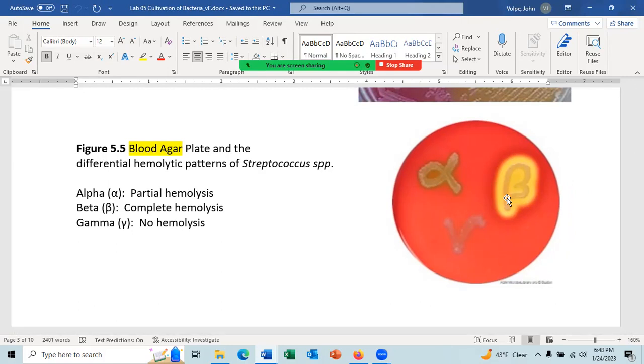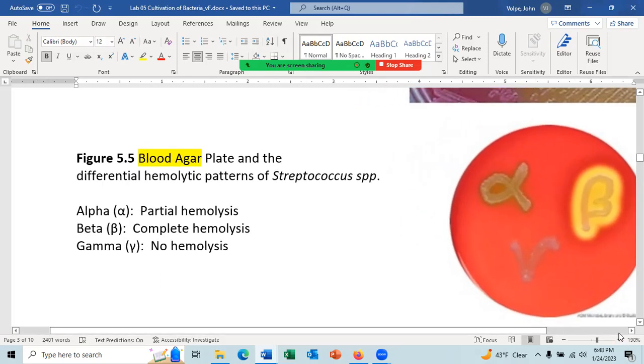Any questions about that? There's also a partial hemolysis, and that's called alpha hemolysis. Let me blow this up a little. You have partial hemolysis of the red blood cells, and you can see that the white or off-white color is the bacteria, and you'll notice that the red from the blood does not come all the way up to the bacteria. We have a ring of darkening around the alpha.